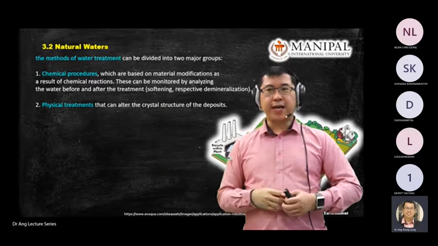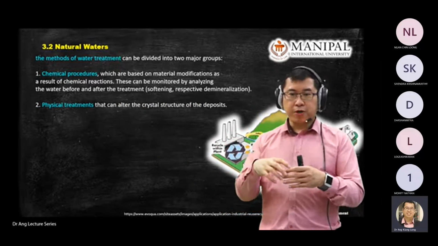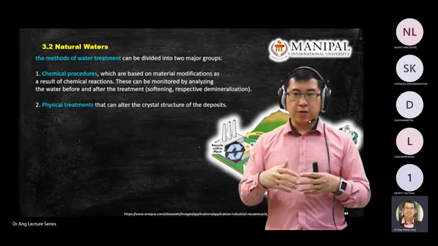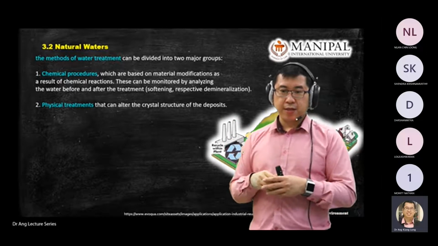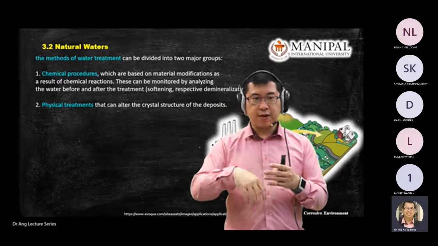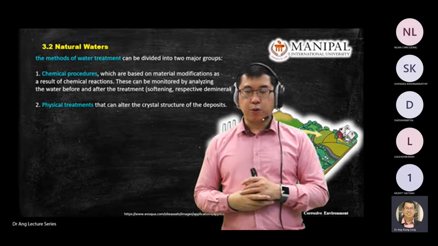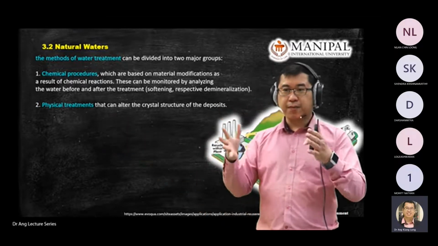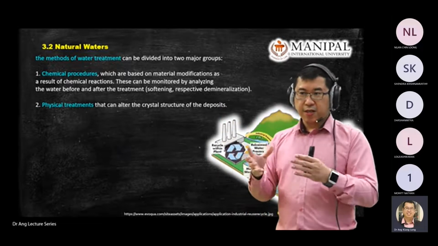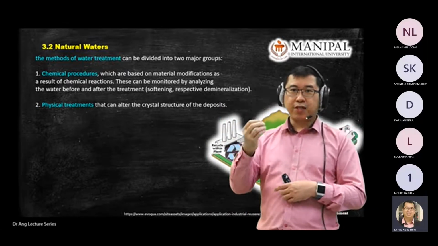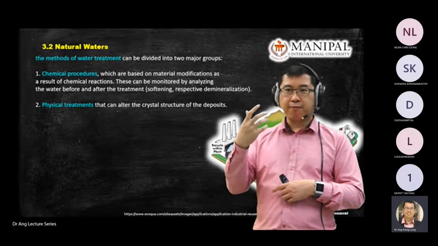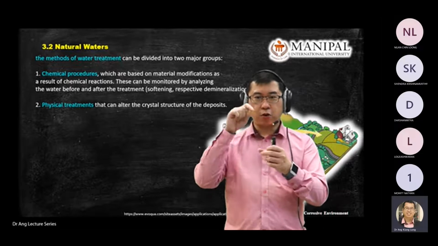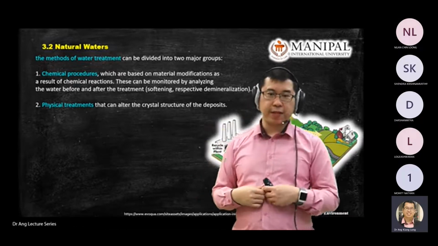Physical treatment is like you use carbon, you use silicon, you use natural fiber or nanofiber to filter out the pollutant. Okay, this is physical treatment, means you use some devices to filter the water or filter out the harmful elements through the porosity, or through the pores or the holes or the gaps between the material.